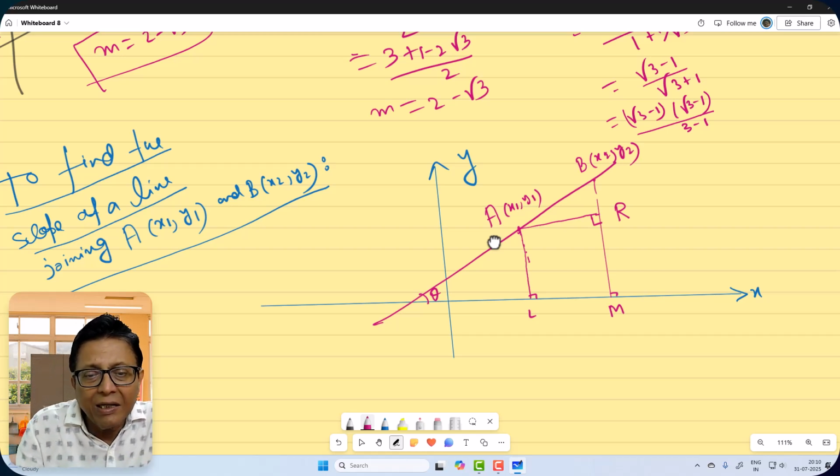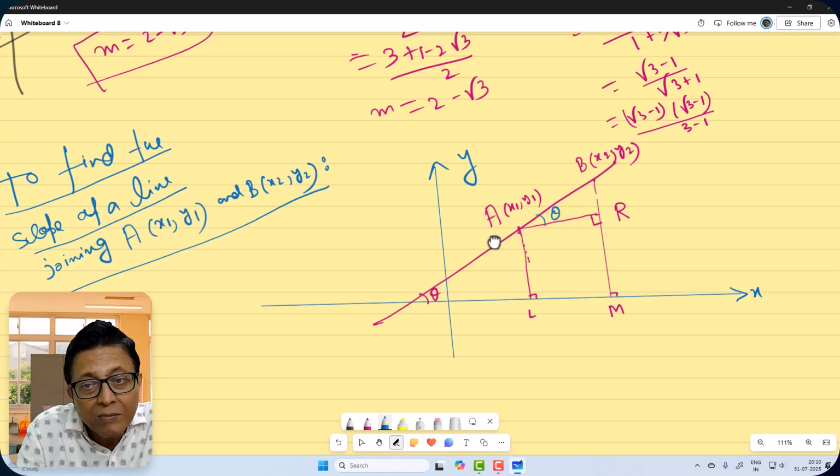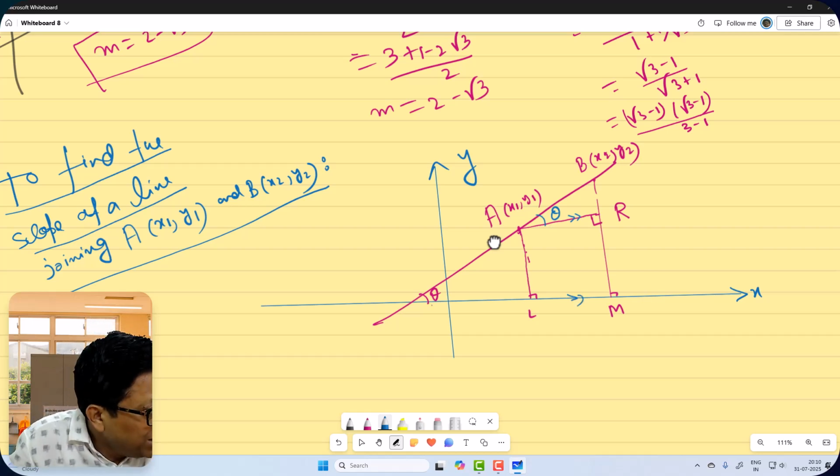Now in this diagram, if this one is theta, this one has to be theta. The same line, and this perpendicular is parallel to x-axis. So this one theta means this has to be theta.